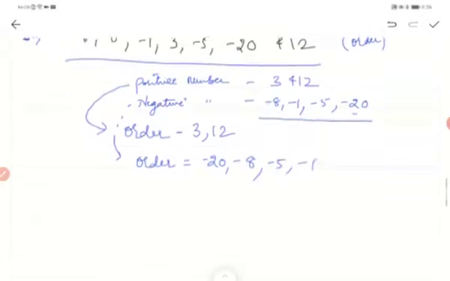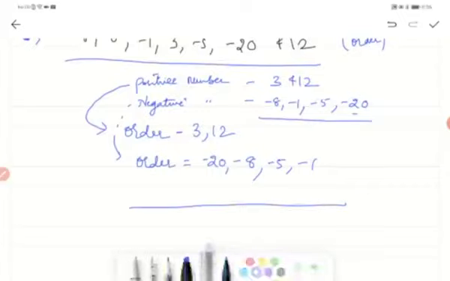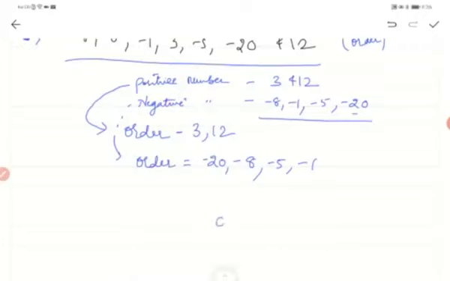Now you can put them together. You can draw it on the number line, or you can just write it. I think it's better if you just write. Your 0 will come in the middle, positive numbers in ascending order, 3 and 12, go on the right, and the negative numbers go on the left.